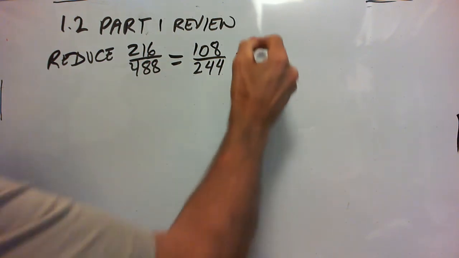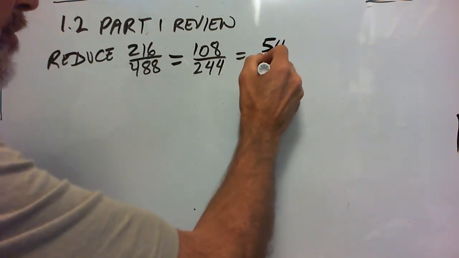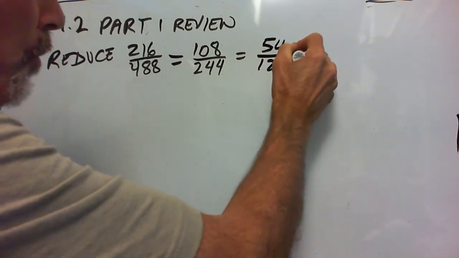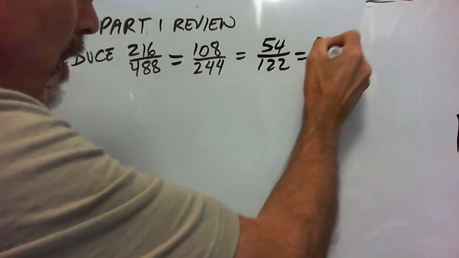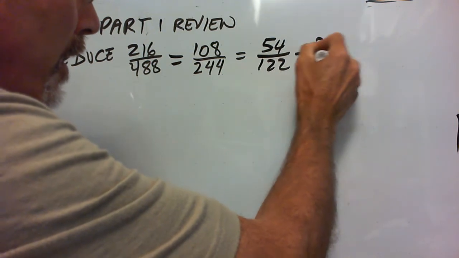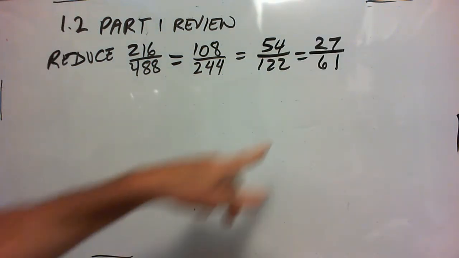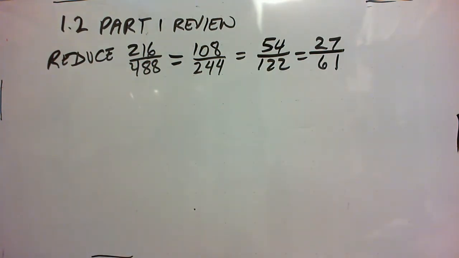Then we can do that again and write 54/122. We can do that one more time, 27/61. And that cannot be reduced. The only thing that divides into 27 is 3 and 9, and neither 3 nor 9 divide into 61.